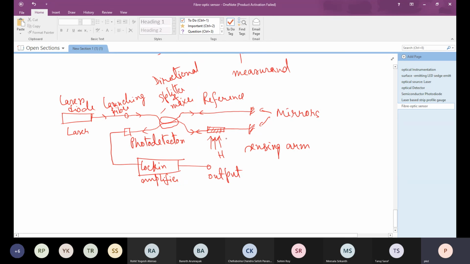So that means the out end of this fiber is not accessible. This is a rigid cable sort of thing which is driven through the measurement site. Then accordingly, at various places while it is driven, the magnetic field will be calibrated or measured.